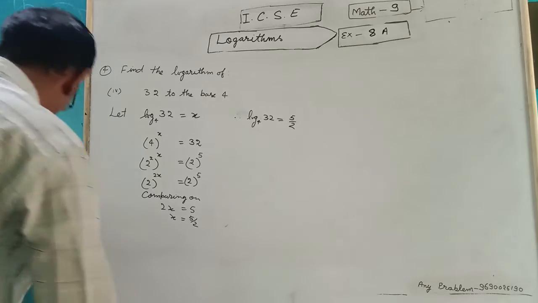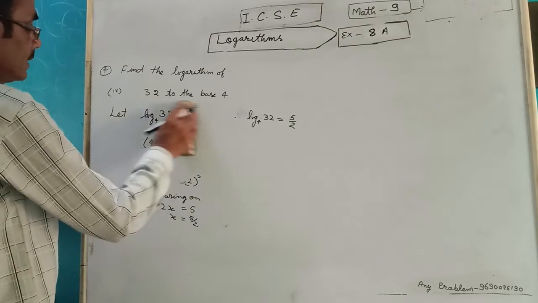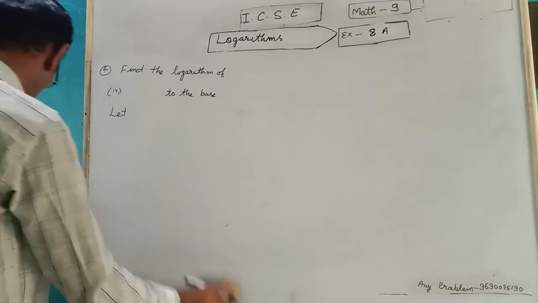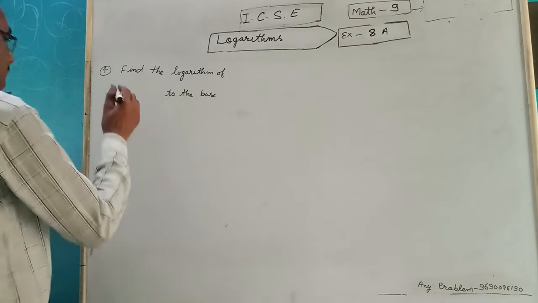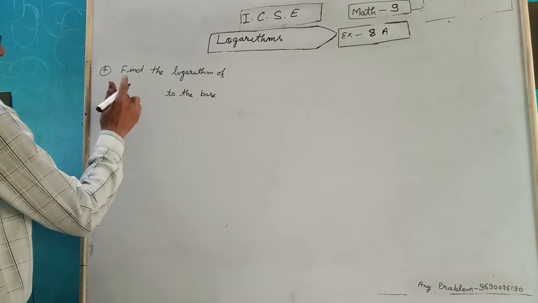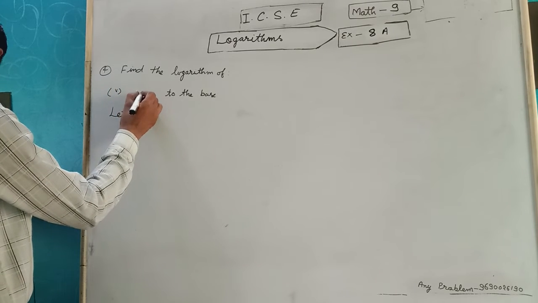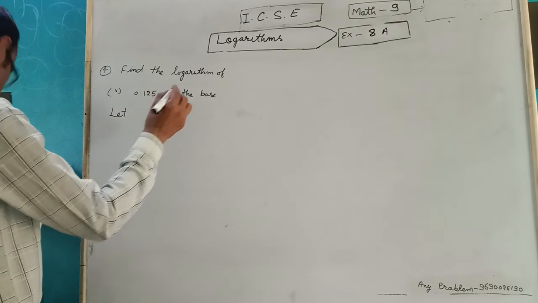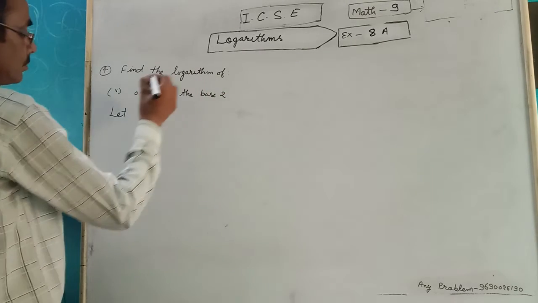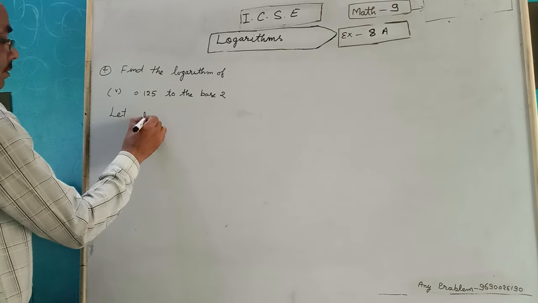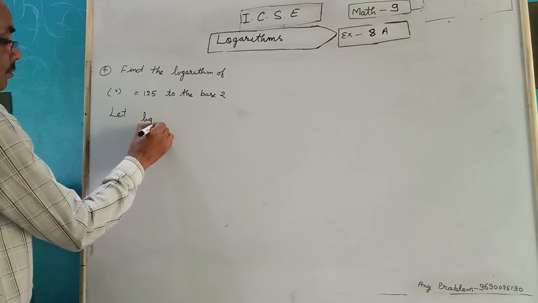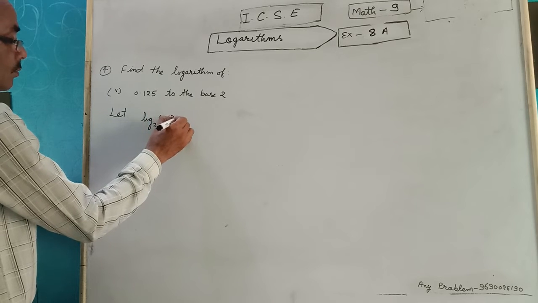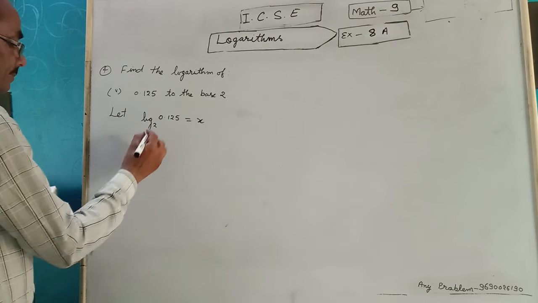Question number 5. Fifth part is 0.125 base to the 2. You write the log 2 base 0.125 is equal to x.